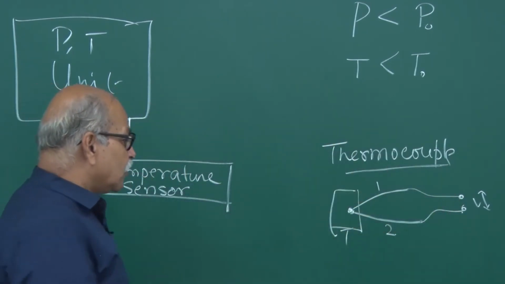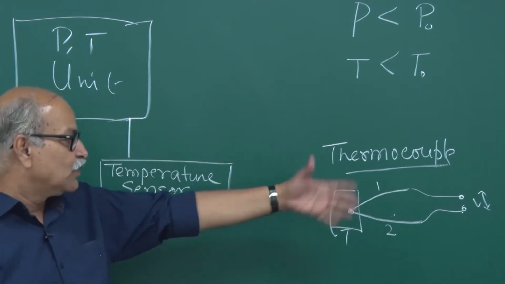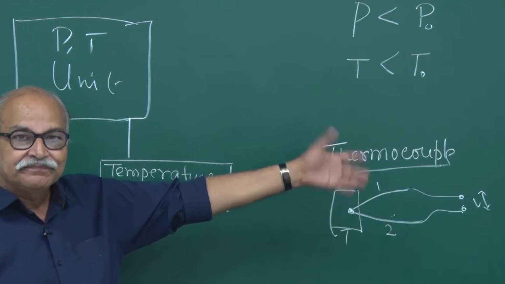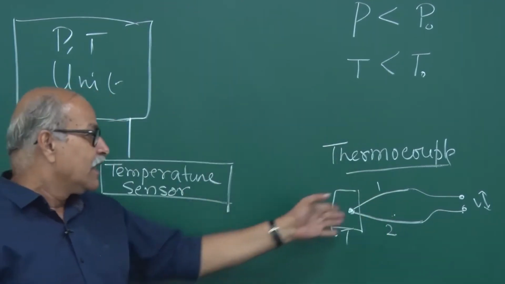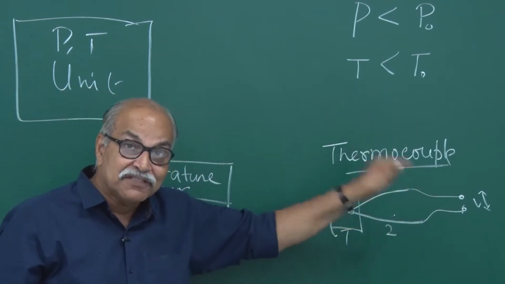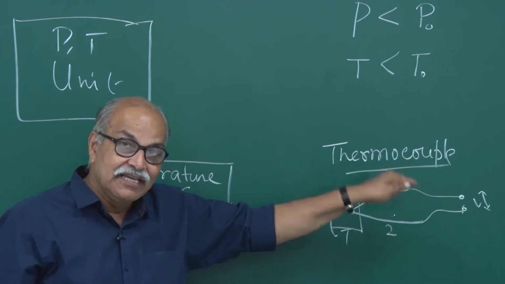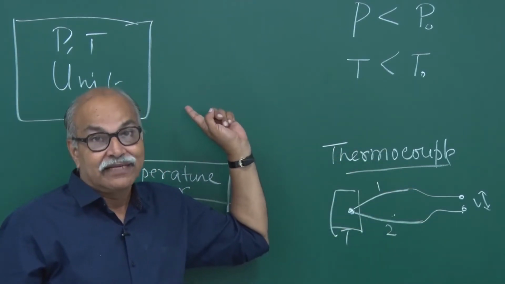So, this is an analog circuit, an analog sensor. It creates a voltage which can continuously vary. The temperature can continuously vary and the voltage can continuously vary, and each value of this voltage is significant. Each value of this voltage is telling me what the temperature is at that instant.